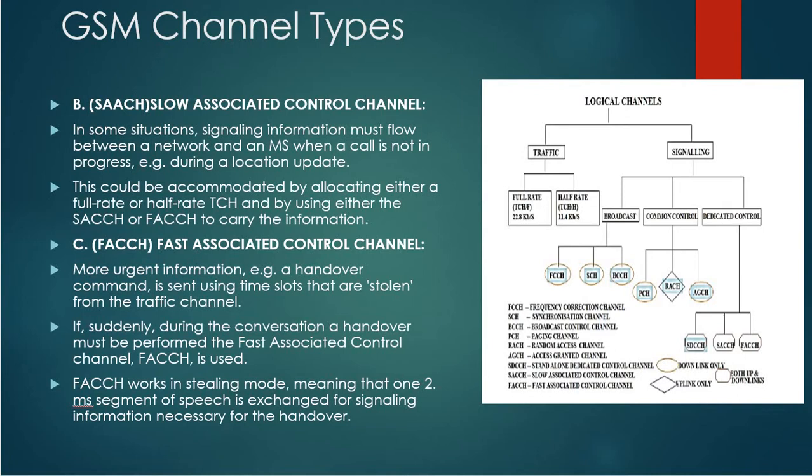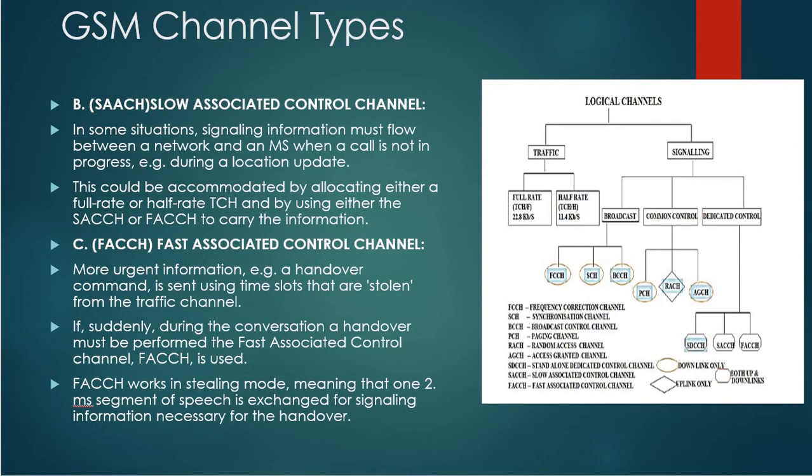For example, a hand-off command is sent using the time slots that are stolen from the traffic channels. FACCH is a control channel used in the handover commands. Handover, we already learned this one.